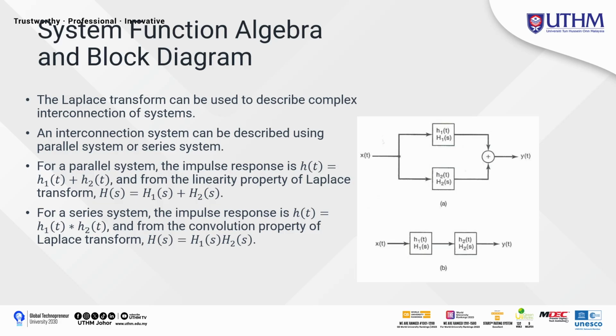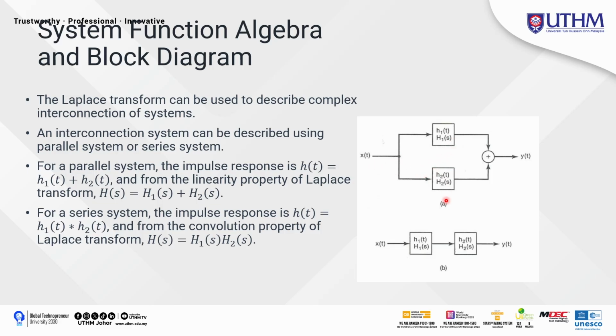The last part of the Laplace transform application is the system function algebra and block diagram. So Laplace transform can be used to describe the complex interconnection of the system. So there are two types of connection, that will be the parallel and the series connection. So for the first one here is the connection in parallel. For the time domain, the h(t) equal to h1(t) plus h2(t).